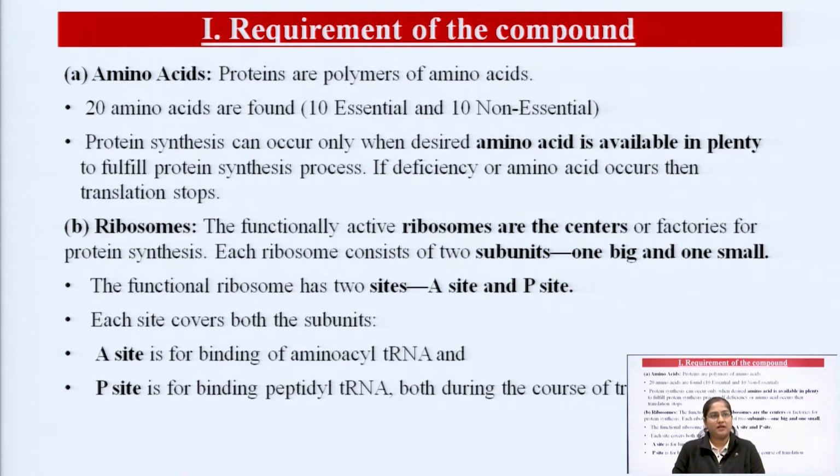The first very important thing we need is amino acids. For protein synthesis we need several amino acids. There are 20 amino acids, of which 10 are essential and 10 are non-essential. Essential amino acids we need to consume with our diet, whereas non-essential amino acids we do not need to take in our diet.